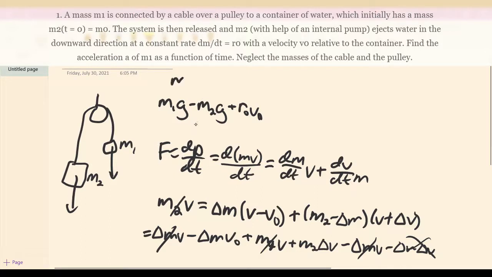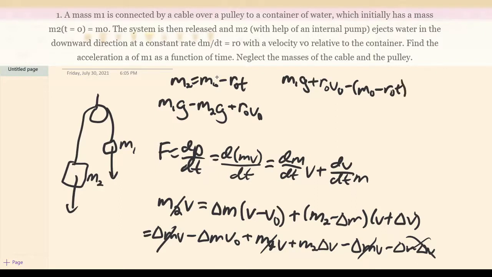M2 is just equal to m0 minus r0 times t. So then the total force would just be m1g plus r0 e0 minus this, over the total mass, which is of course m1 plus m0 minus r0 t.